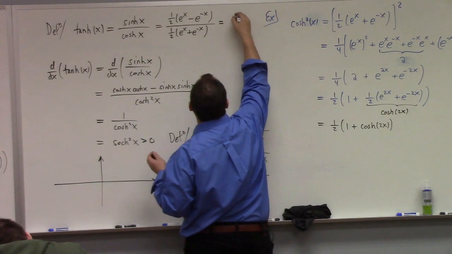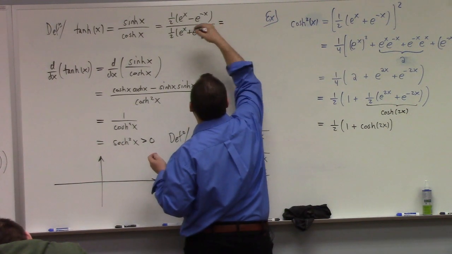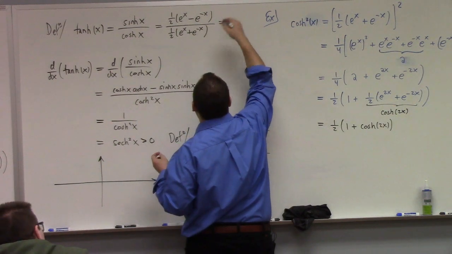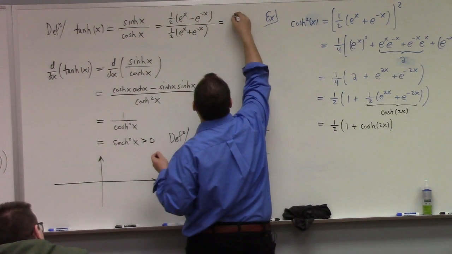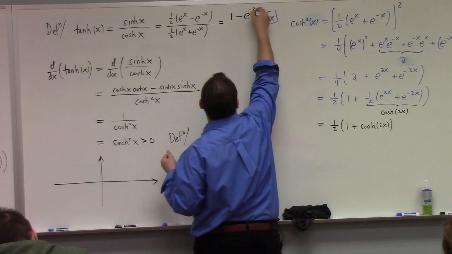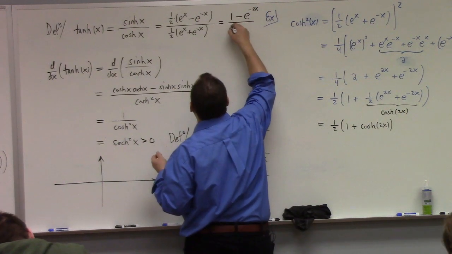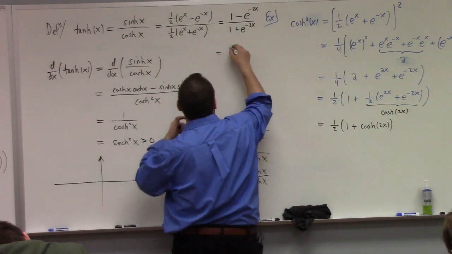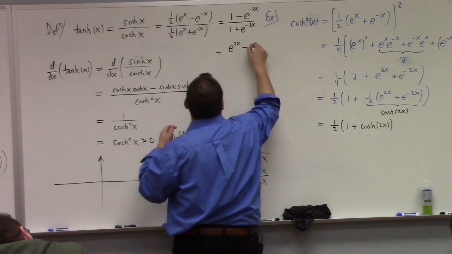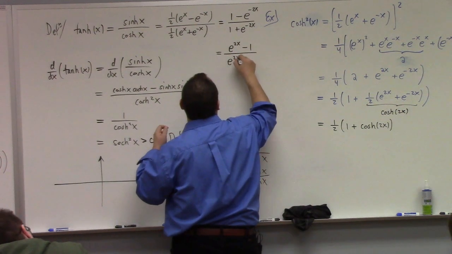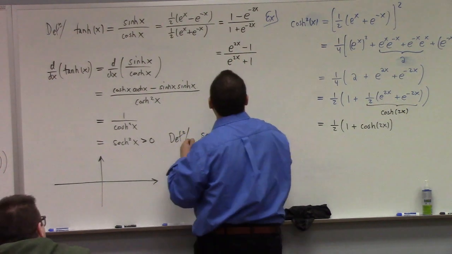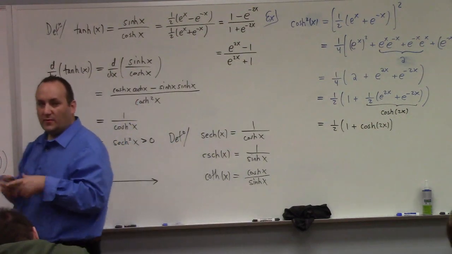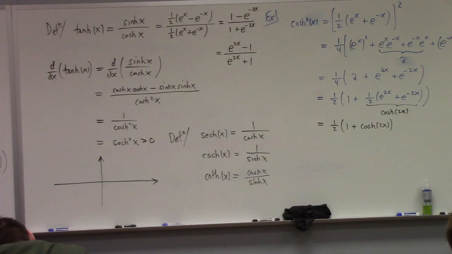On the one hand, cancel the halves and divide the top and the bottom by e to the x. So we could have 1 minus e to the minus 2x over 1 plus e to the minus 2x. It's also equal to e to the 2x minus 1 over e to the 2x plus 1, right? So you can either multiply the top and the bottom by e to the x, or by e to the minus x, after you cancel the halves.